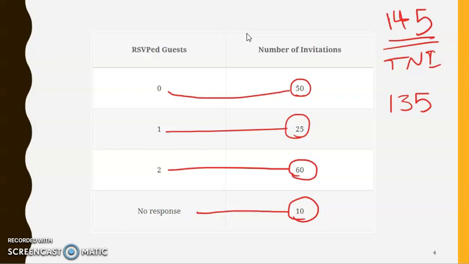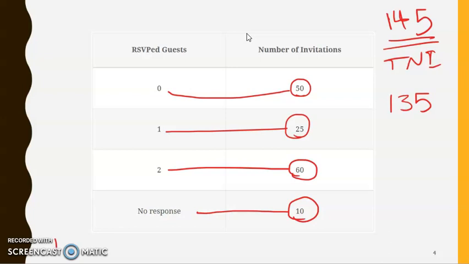50 of them have announced they would not participate. 25 of them announced only they will come alone, solo, and 60 of them have announced they will come with a companion. So if we consider that everything is for sure, we can say what is the number of guests.